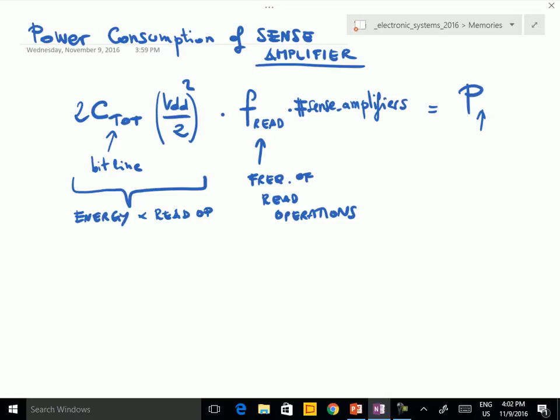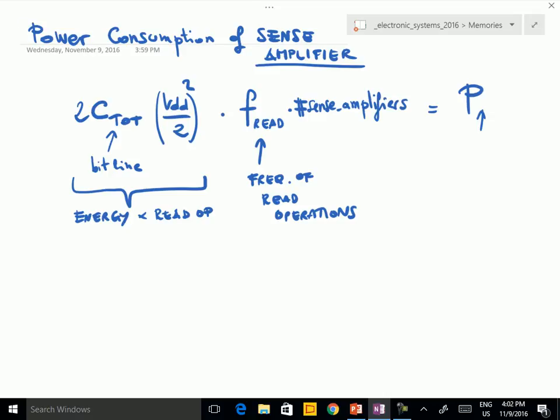And therefore, you see that this is something that is limiting: if I want to limit the power consumption, I need to limit the length of the bit line, because the length of the bit line increases the total capacitance of the bit line. And I also have to limit the number of sense amplifiers, which is the number of bit lines, which is the other dimension, the length of the word line.